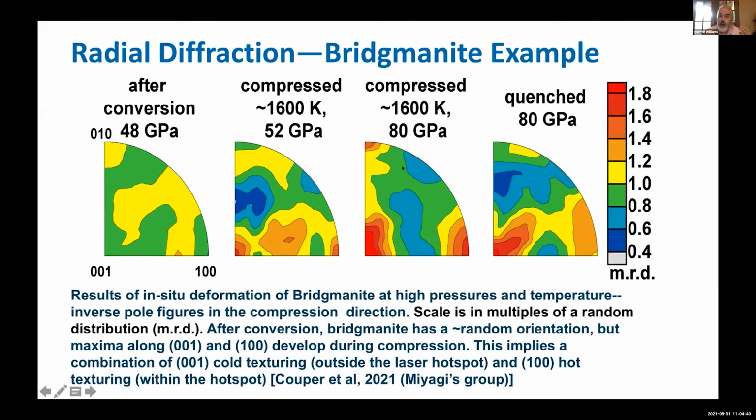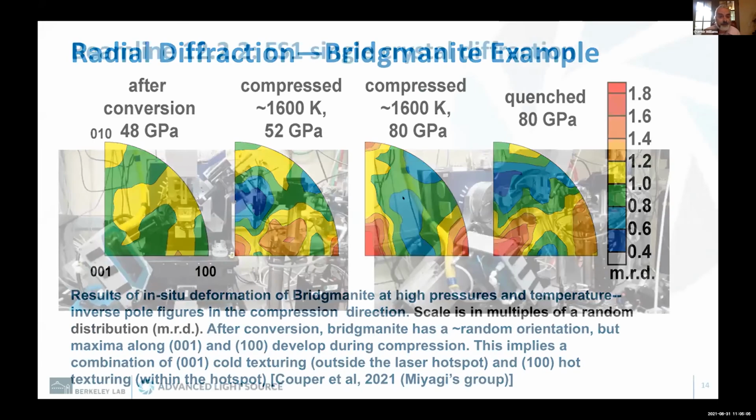So you get away from the transformational texture and into the steady state texture of the material as it's deforming. And you can see that there's basically an evolution as you heat it in the 100 direction that appears to be associated with hot texturing of the sample. So again, this is critical for determining the means by which the lower mantle deforms.